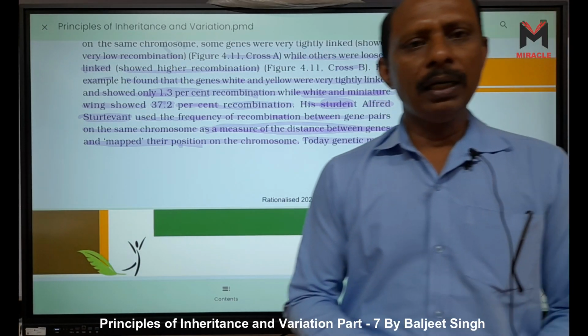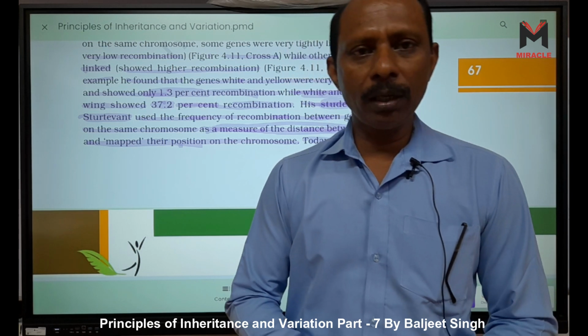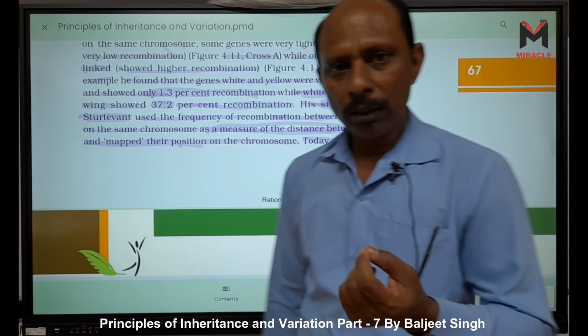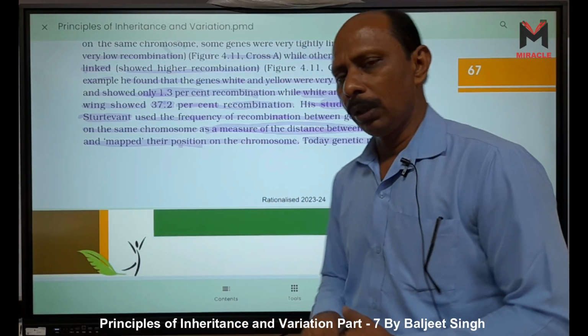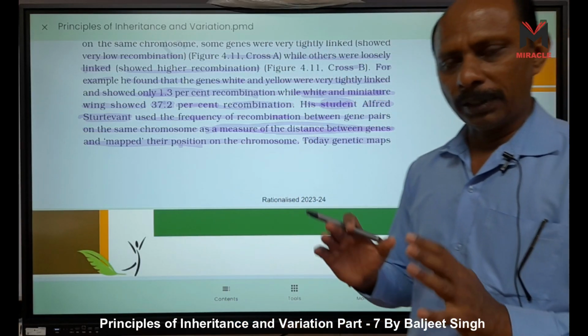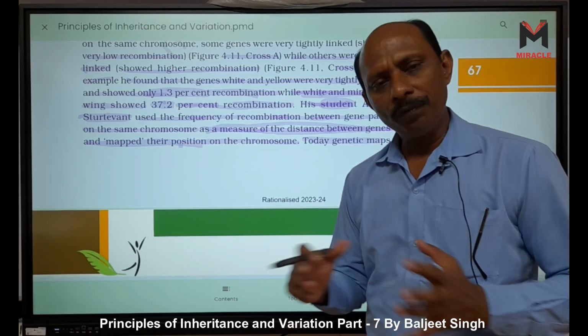Through centimorgan. Centimorgan means 1 in 100. That's why percentage is also a measurement of distance.